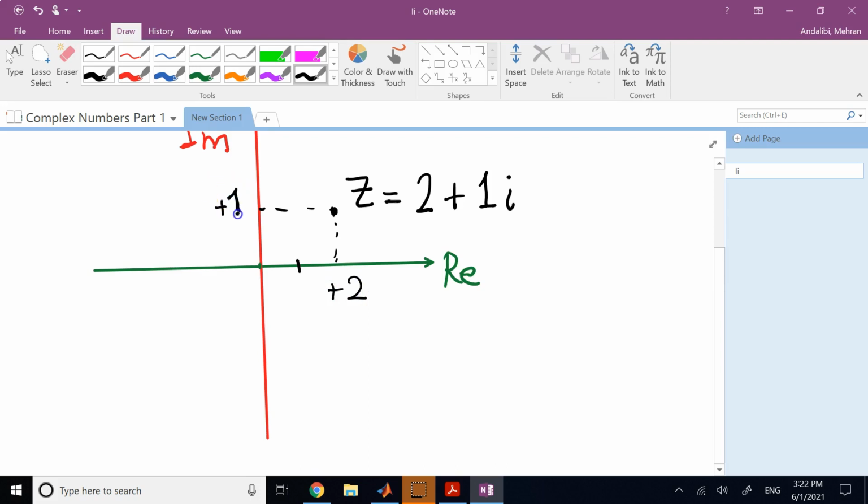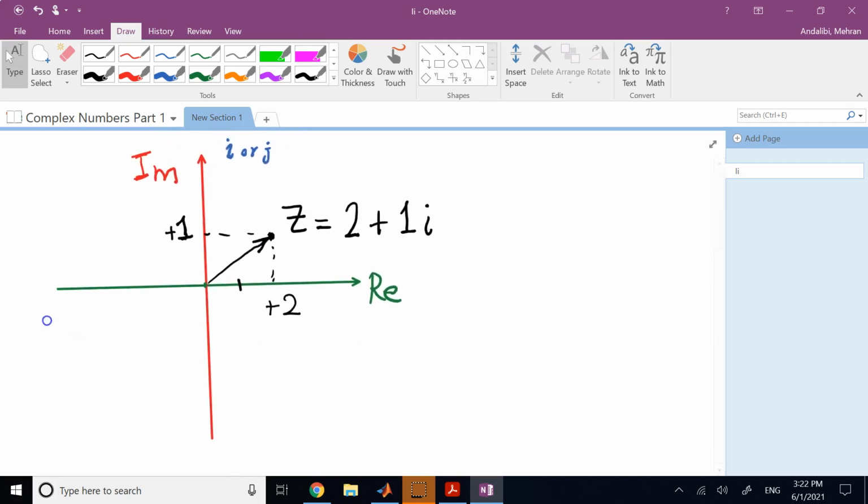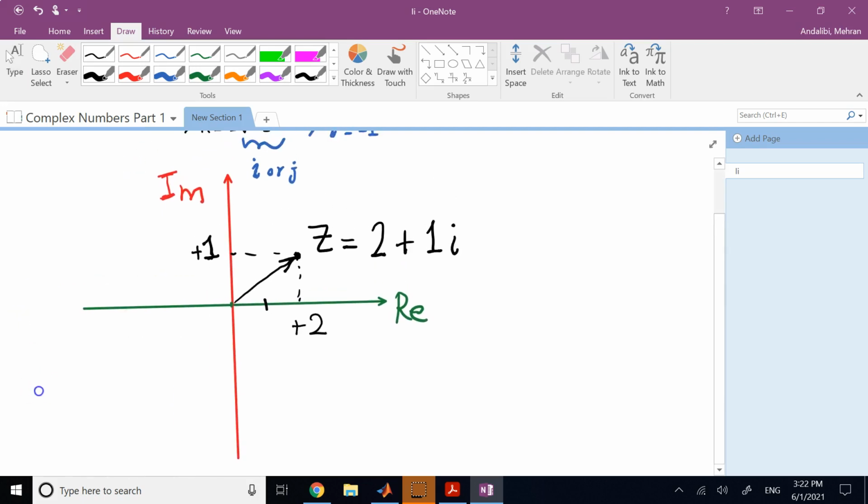So basically you can treat them like vectors, correct? Like vectors that we had with x and y components, you can treat complex numbers like vectors. They have a real component and they have an imaginary component, right?